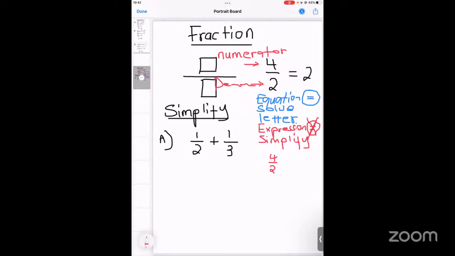So that means we can simplify. 4/2, its simplest form is 2, because 4 divided by 2 is 2. Can you see there, Manahil? Yes, sir. Another one, we can say 10/2. This is an expression because it doesn't have an equal sign. To simplify it is the same as 10 divided by 2, which equals 5. Then it's done. Makes sense, Manahil?